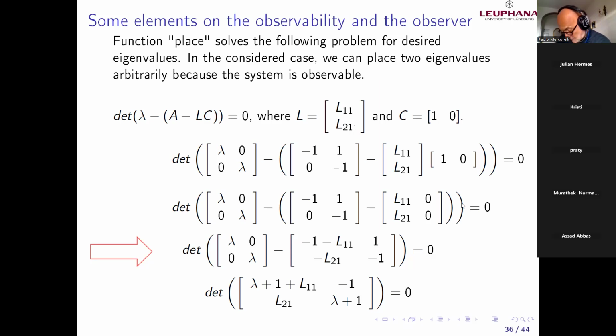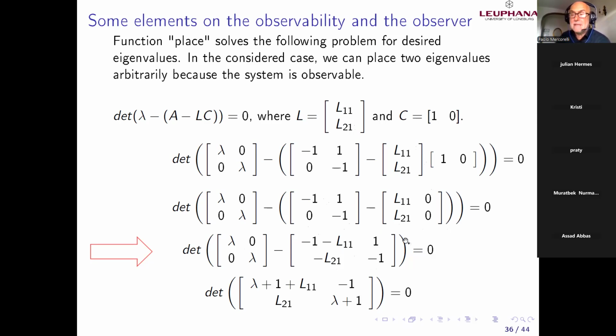If I do the calculations, it is not so difficult, because we have to multiply this row, and we have this one. Then I have to subtract this element with this one. We can see here, minus 1 minus L11, 1 minus 0. 0 minus L21 is minus L21, minus 1 minus 0 is minus 1.